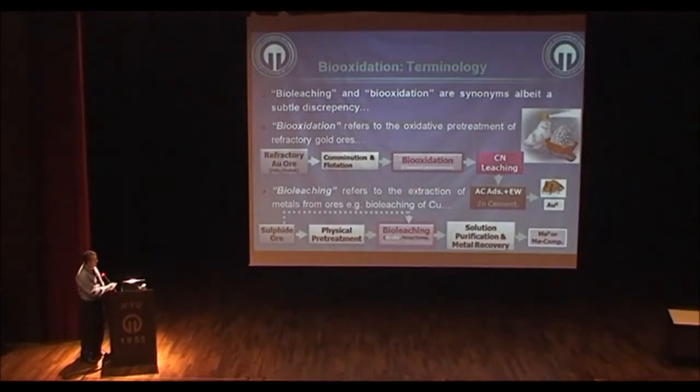So bio-oxidation in the case of refractory gold ores is used as a pretreatment process, whereas in the extraction of, for example, copper, it is used as the principal means of extraction.